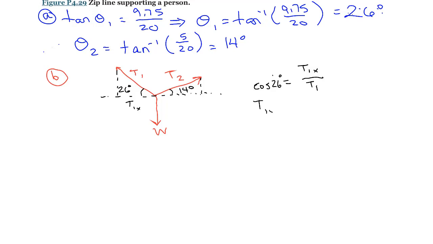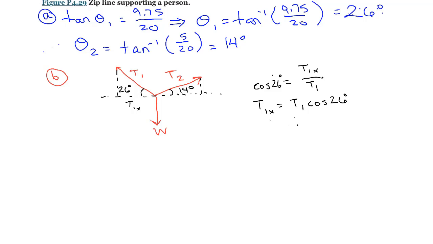T1x is equal to T1 times the cosine of 26 degrees. Now, of course, you could put it in your calculator at this point and find out what the cosine of 26 degrees is, which is going to be a decimal, and you're going to have to carry that for a long time. And then you really do need to worry about how many digits you carry it to. But if I leave it like this, I don't have to worry because I can do it later.